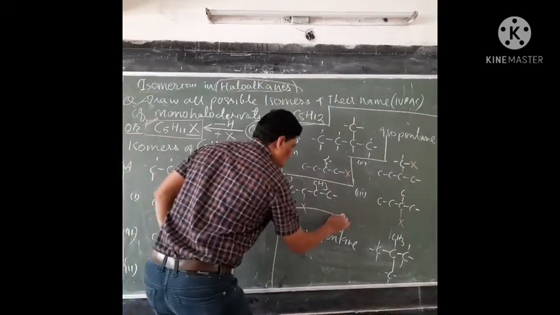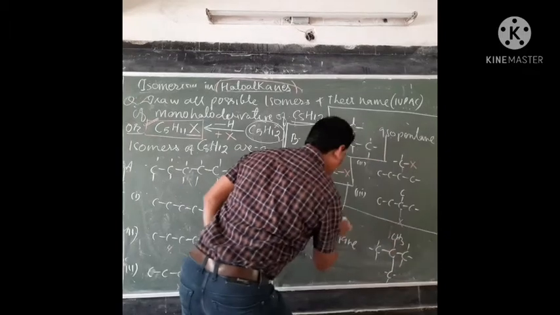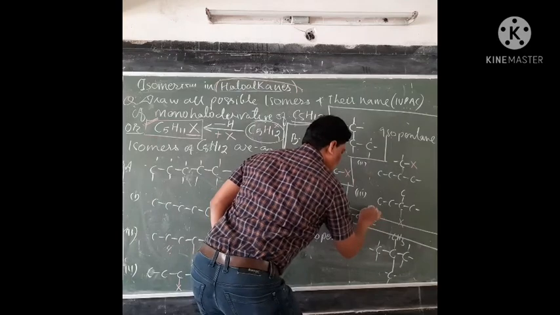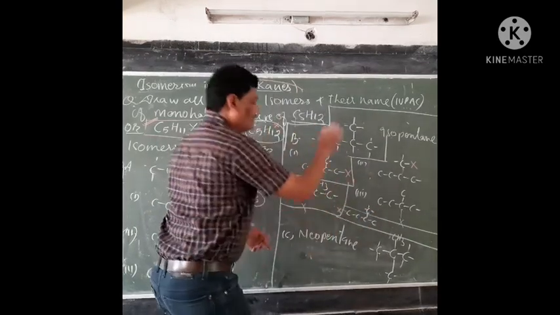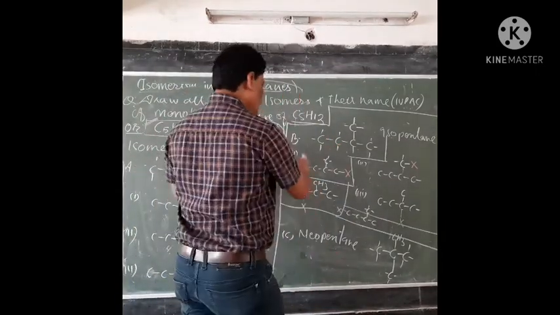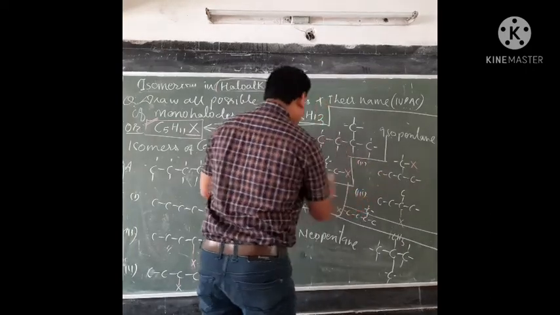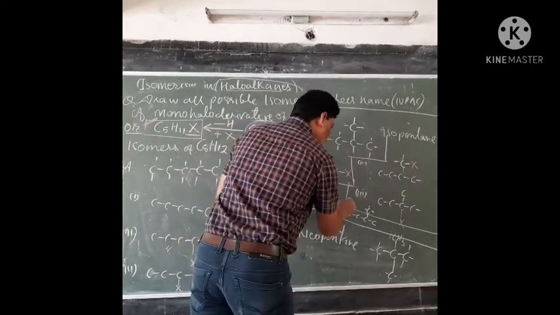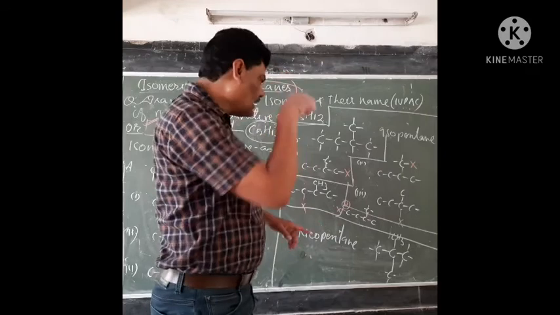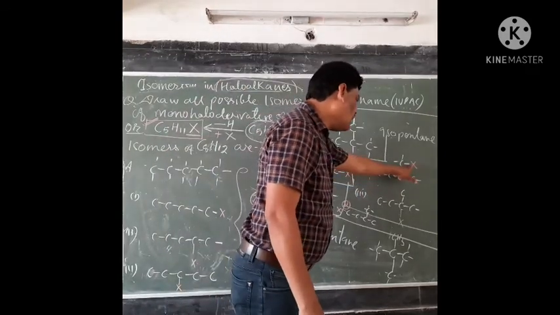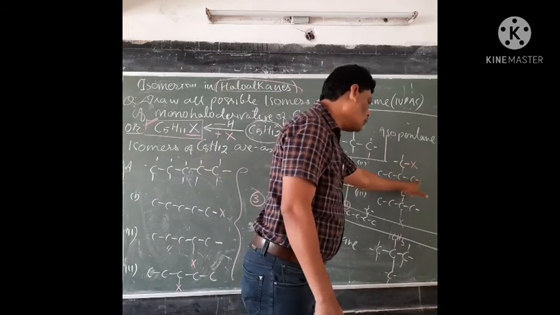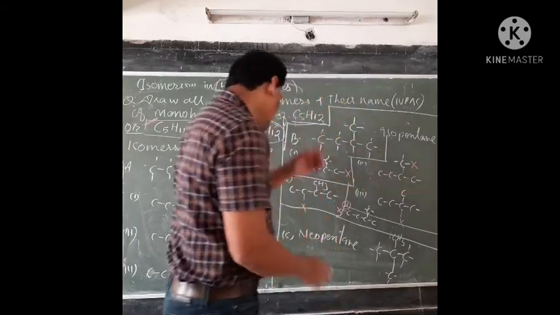One more possibility: CH3, CH3, and here X. This is the next possibility. Now we have to find whether all these possibilities are actually distinct. For that we have to write their names. The first is 1-halo-2-methylbutane.